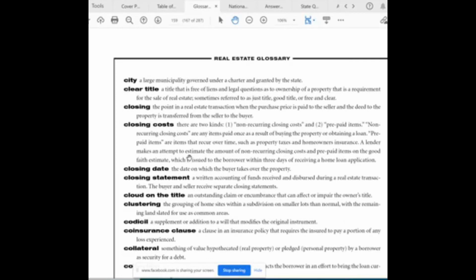So a lender makes an attempt to estimate the amount of non-recurring closing costs, which are costs that are paid once, and prepaid items on the good faith estimate. And that's where the lender has to provide truth in lending, and they'll provide a statement where it has all the expenses, and that's prior to closing.